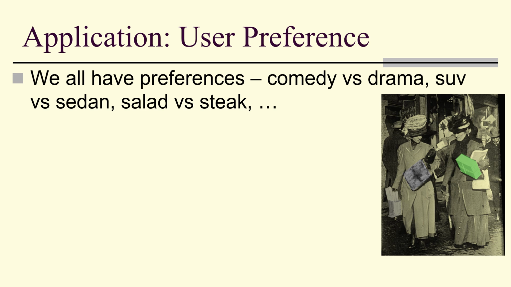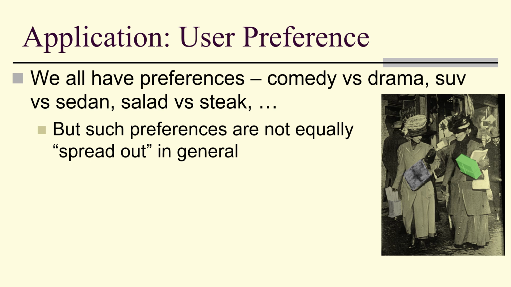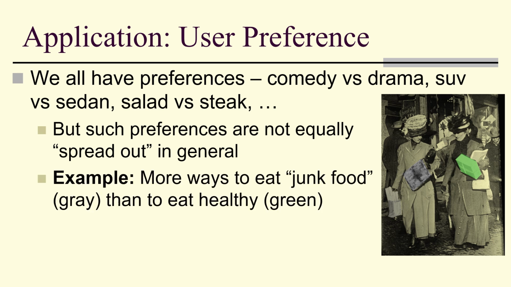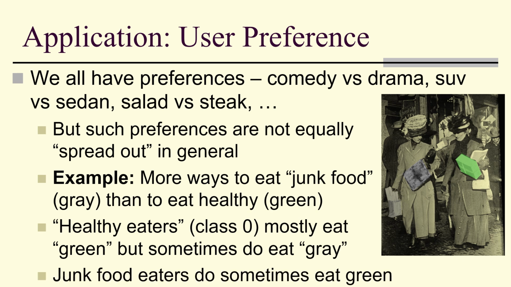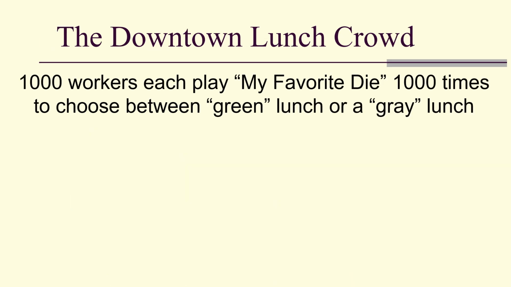We all have preferences: comedy versus drama, SUV versus sedan, salad versus steak. But such preferences are not equally spread out in general. For example, there are many more ways to eat junk food in our society than there are to eat healthy, especially at lunchtime when you have to just go somewhere and grab something fast. Healthy eaters mostly eat green, but sometimes they do eat gray, and the junk food eaters, well, sometimes they eat green.